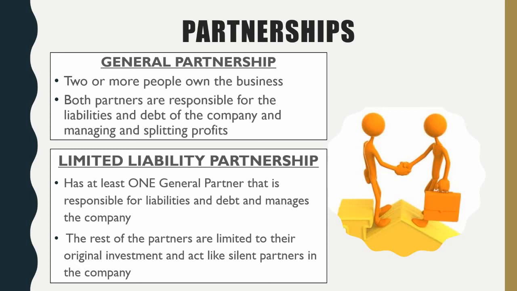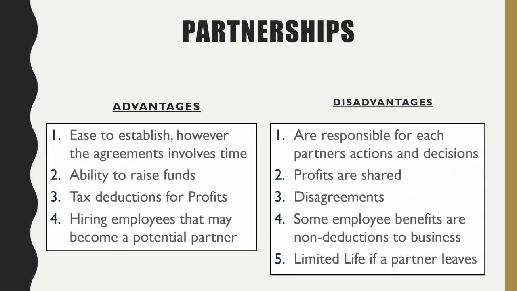You can make an agreement to whatever you want as long as the silent partner and you agree, and you make it strict that you have at least one general partner. Now, you can have three partners. Two of them are general partners, while one is a silent partner. You can have a mixed variety of however it is. But typically, most oftentimes, you will see this type of partnership more often than a general partnership. Okay? So what are the advantages and disadvantages of having a partnership?